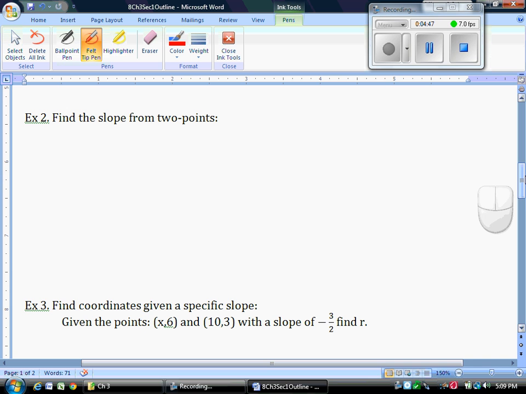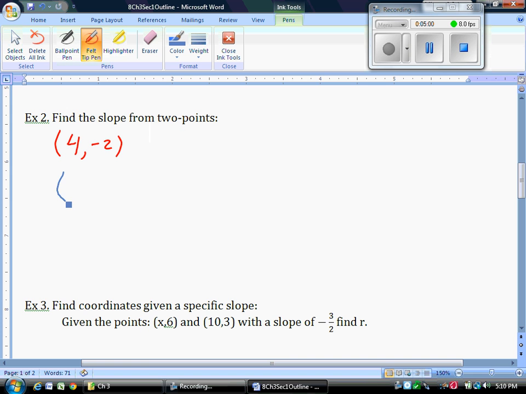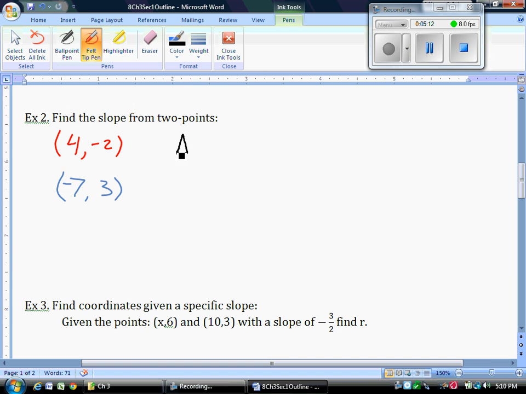If I'm just given 2 points, it's pretty much the same thing we just did. Let's say I'm given the points 4, -2, and the points -7, 3. Again, we have to make sure that we start from the same point on both delta x and delta y.